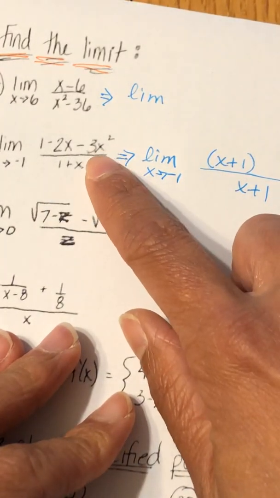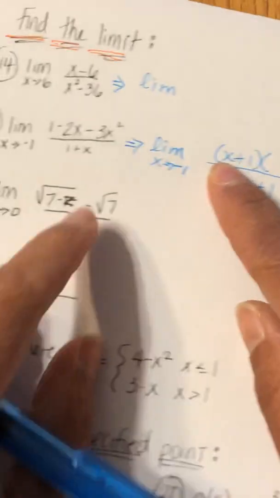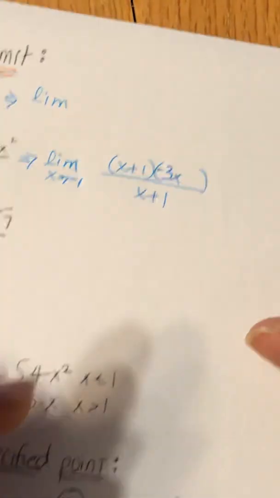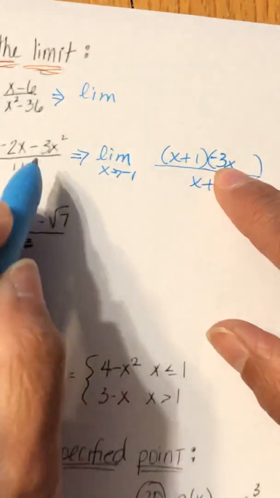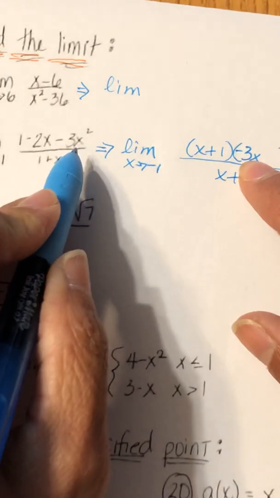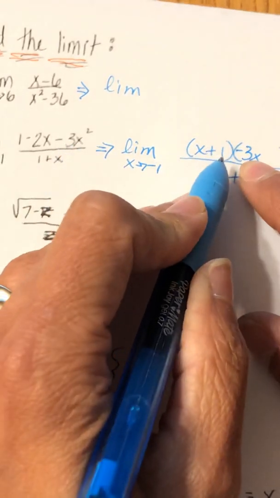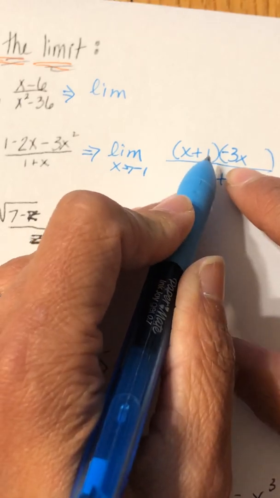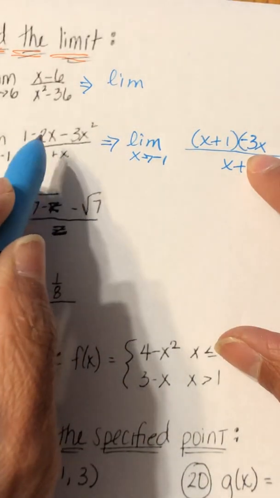Now up here, I need to be able to get a -3x squared, right? So what do I multiply by x to get -3x squared? Well, I have to multiply by a -3x because x times -3x is -3x squared. Okay, and then I know that 1 times -3x is -3x, but I need the middle term to be a -2x.